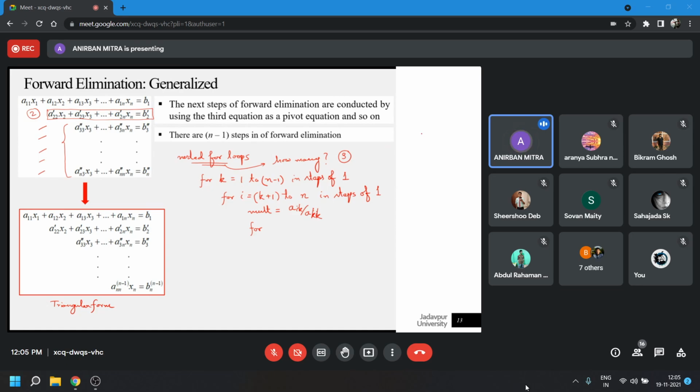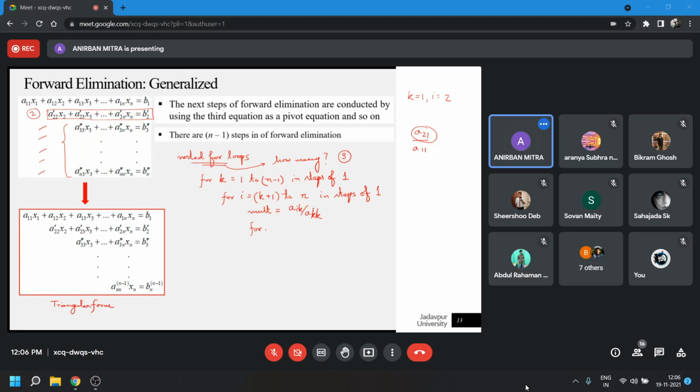So this is a21 by a11. When k is 1, i would be equal to 2, so that would be a21. K is starting from 1. Okay.